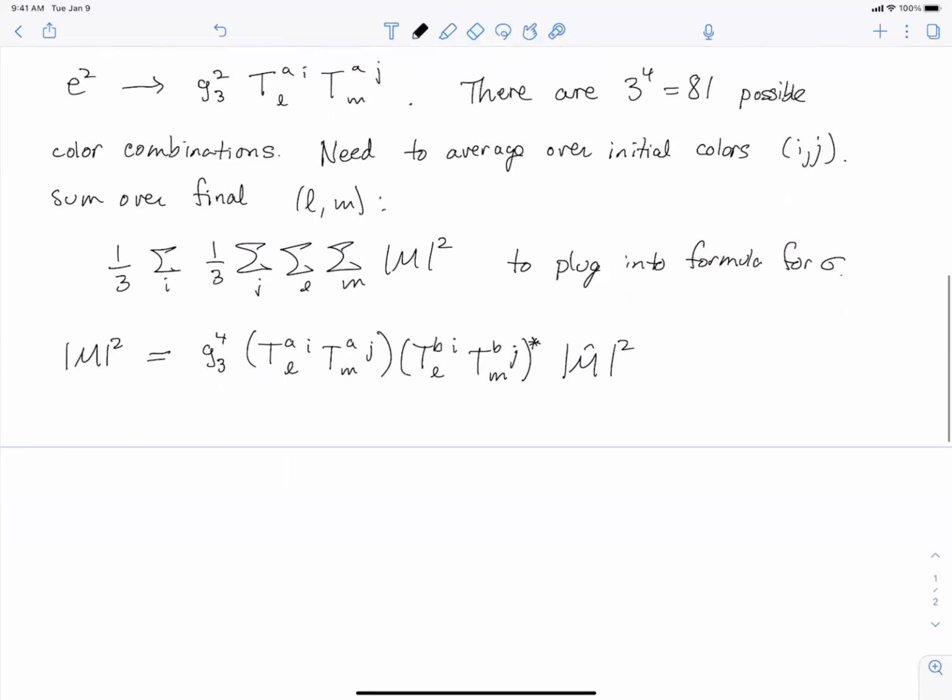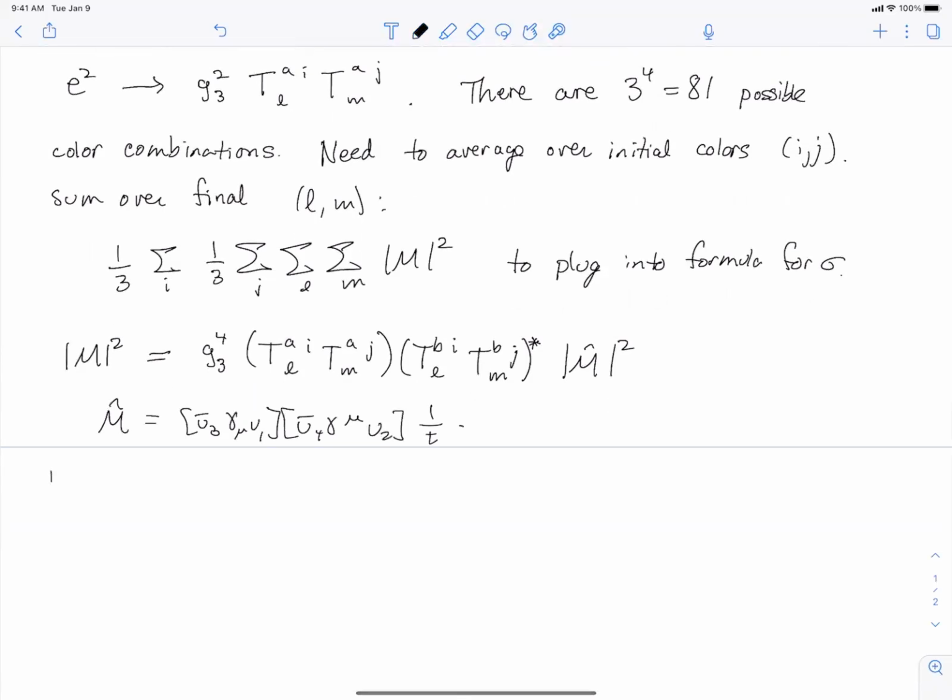So M hat is this stuff, ū_3 γ^μ u_1, ū_4 γ_μ u_2, times 1 over Mandelstam t. Okay, that's the same as in QED. All right, so we need to do this big color sum.